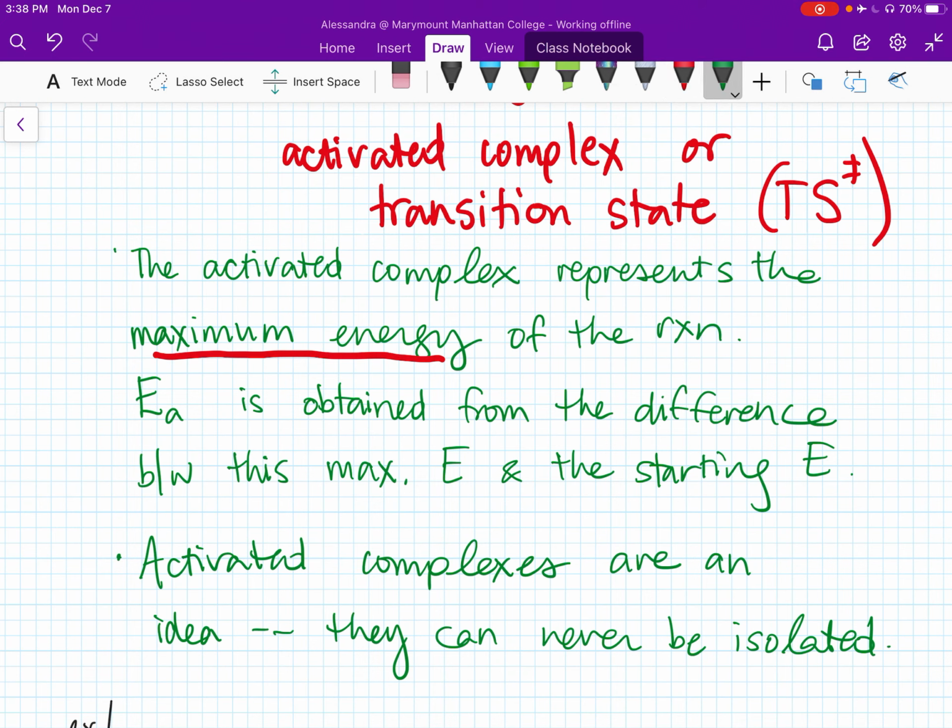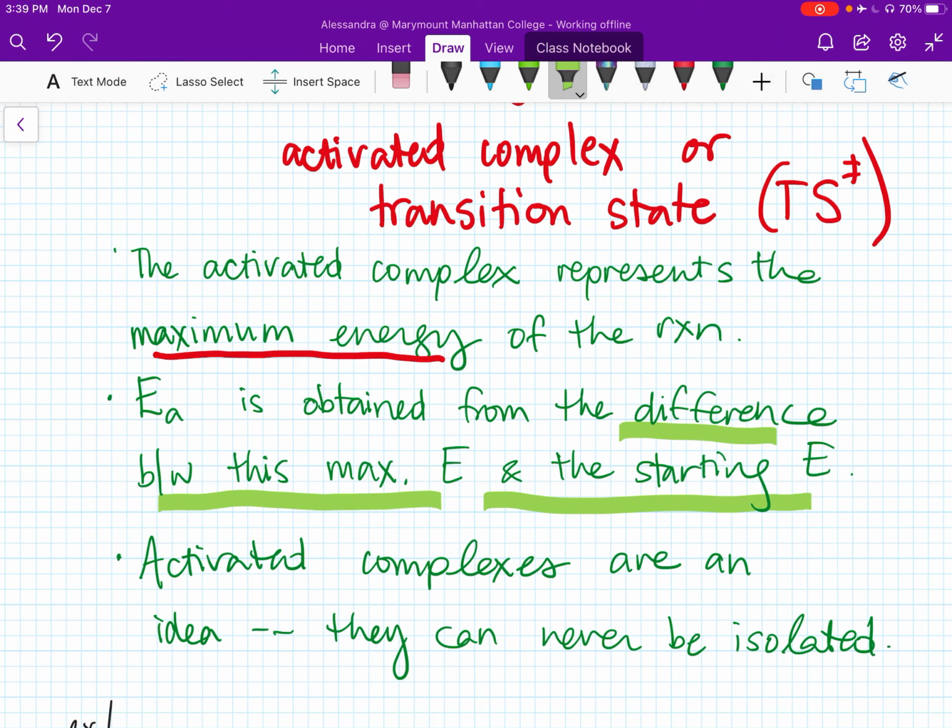Now, we can calculate the amount of the activation energy, EA. You can get that amount by taking the difference between the maximum energy and the starting energy of the reactants before the reaction starts. So I'll show you how to do this graphically in the next lecture, but that's just an important kind of concept.